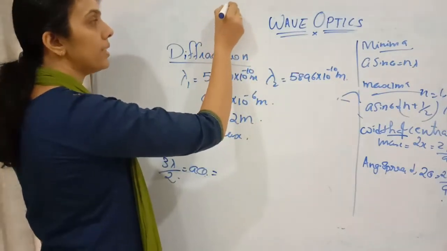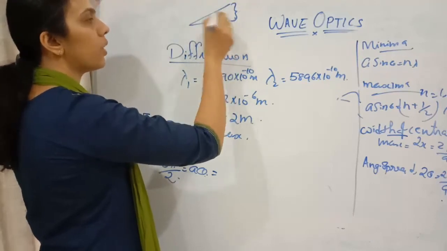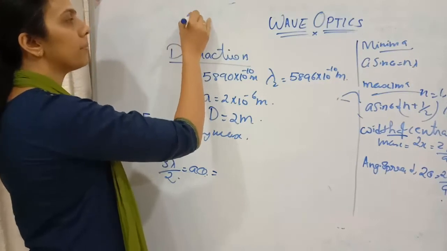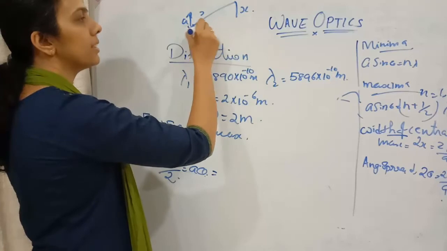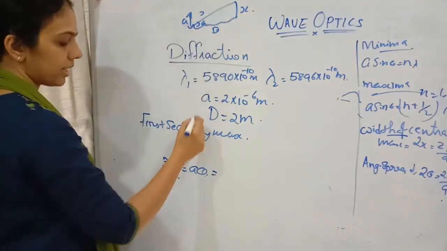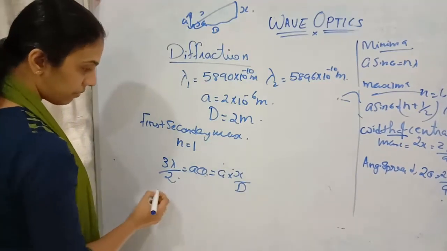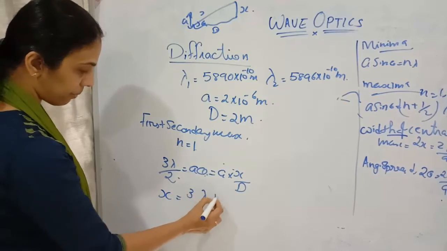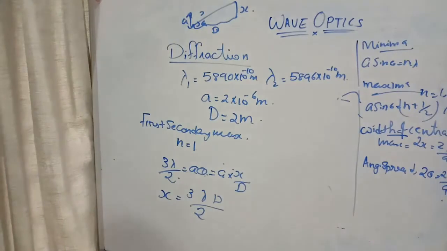This is a, this is x and this is capital D. Then what will theta be? Theta equals x by D. Therefore, we can write x equals 3 lambda capital D divided by 2a. This is the value of x.